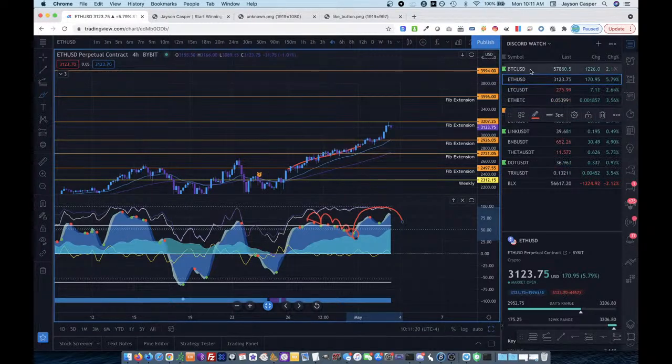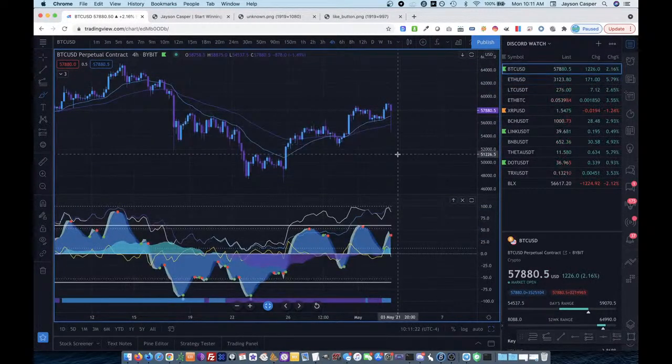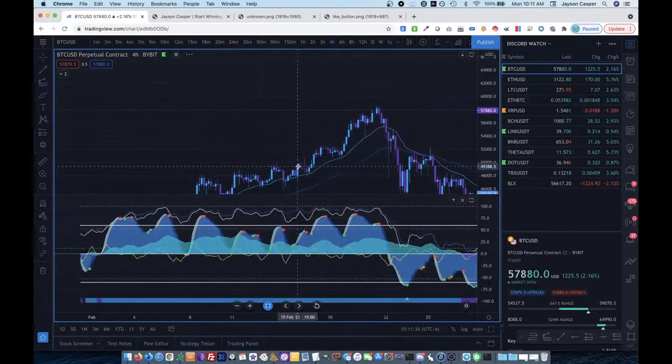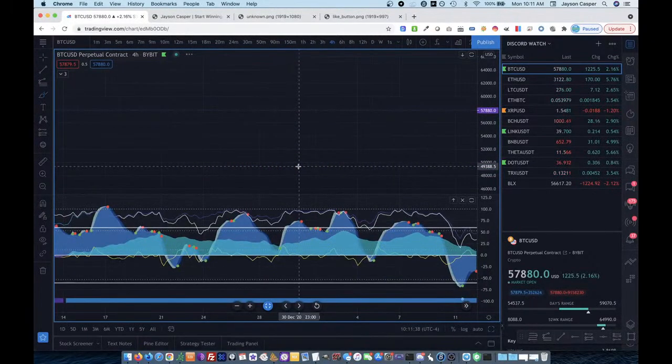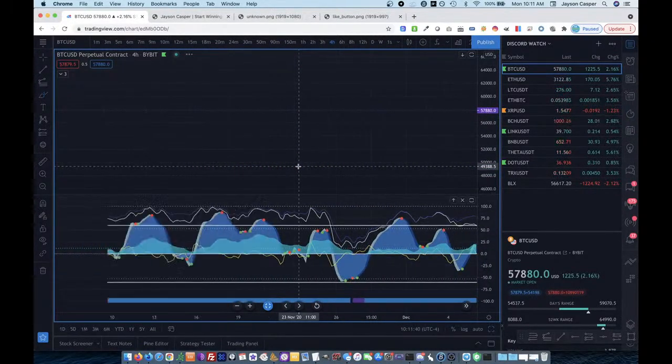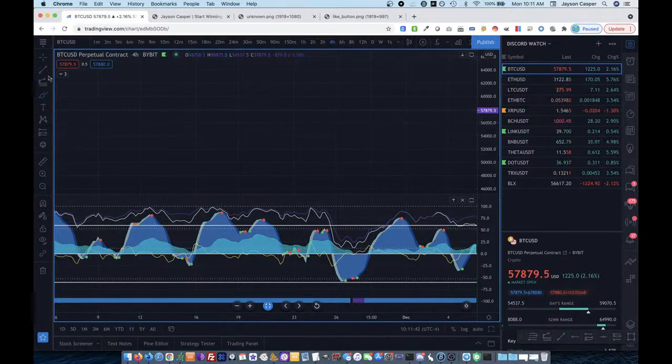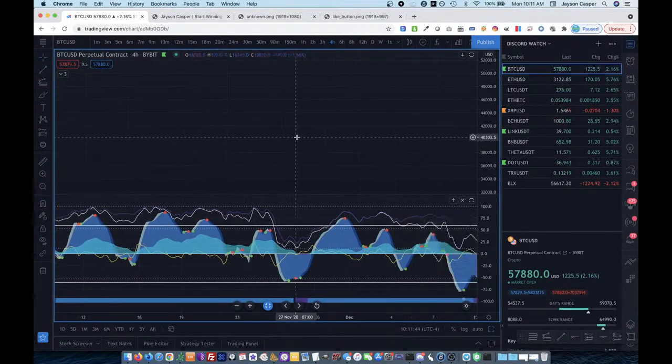It happens with Bitcoin. Let me go to Bitcoin real quick. Okay, so Bitcoin is printing the red dot now on the 4-hour. So it's just printing, but we do need to cool off. If we go back in time on the 4-hour, we can see that same exact pattern playing out, where we actually hit a new all-time high.